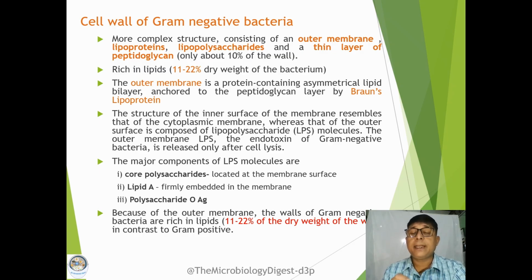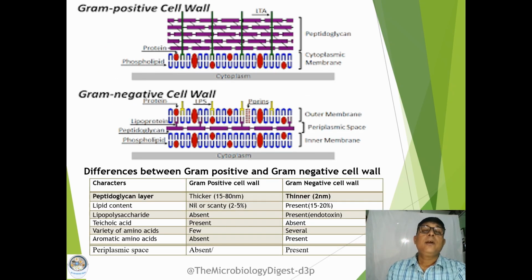The lipid content in gram negative organisms may range from 11 to 22% of the bacterial dry weight. So 11 to 22% of the dry weight comes from the outer membrane, or from the lipids only.